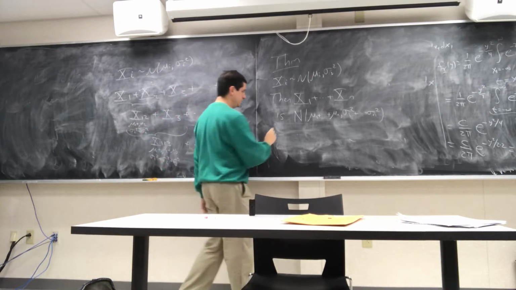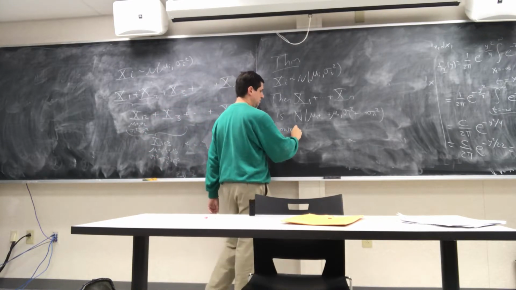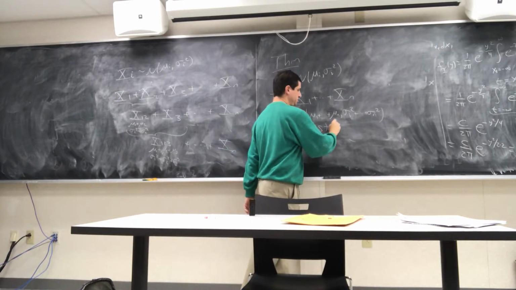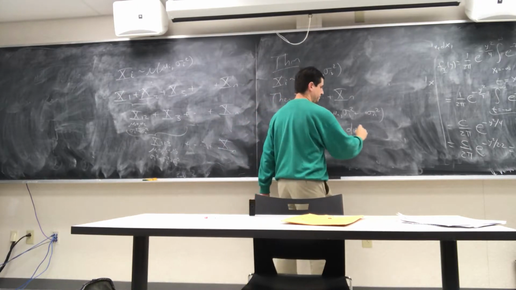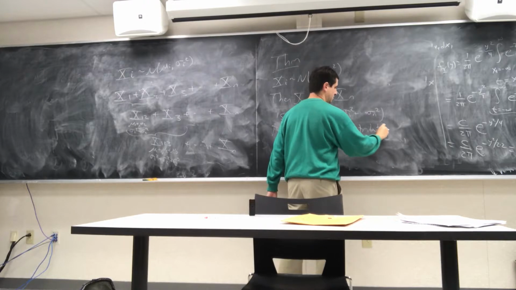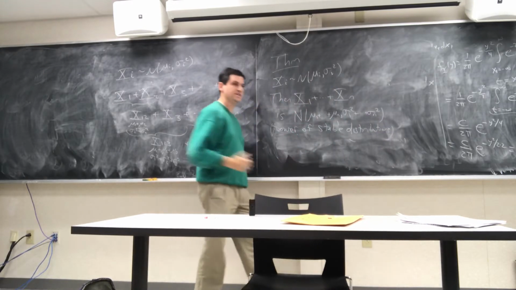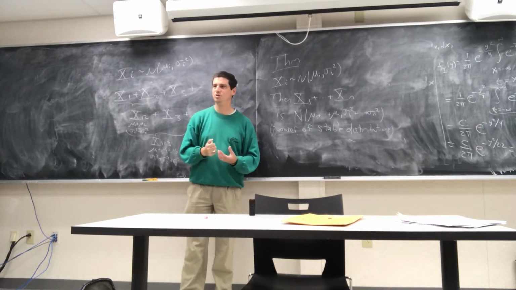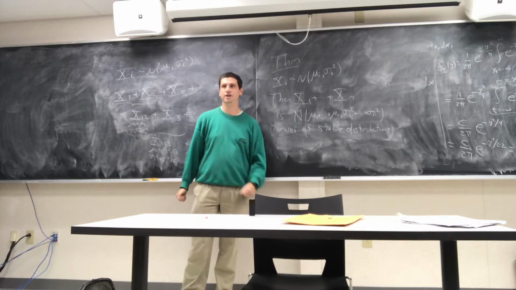Really nice results. It's the power of stable distributions. Because the shape doesn't change when you add two normals to each other, it makes this calculation very nice.